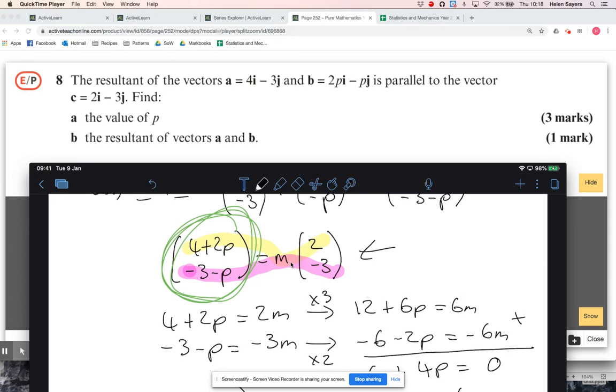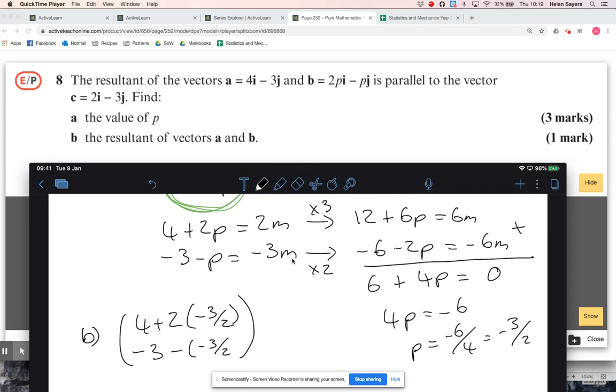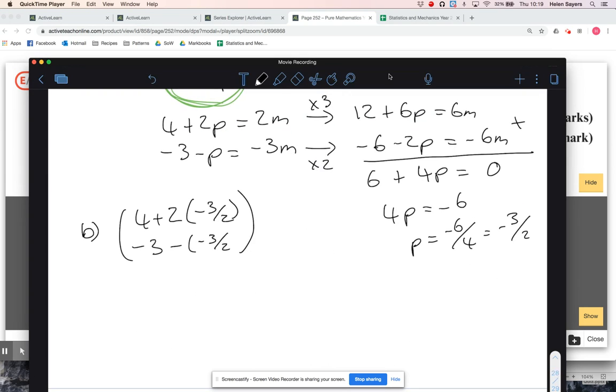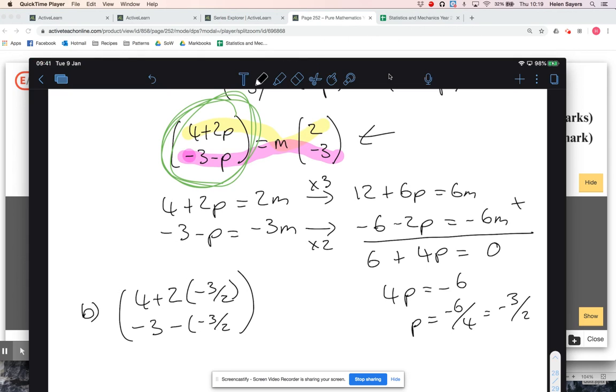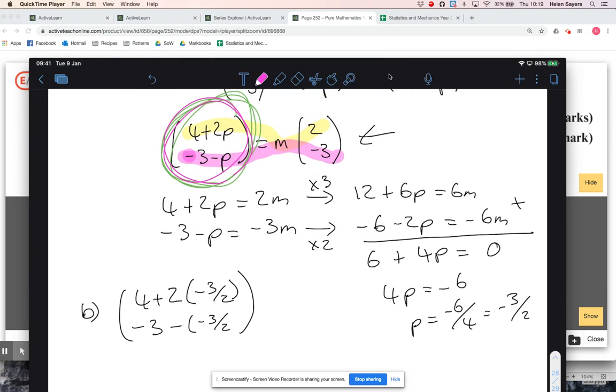Then -3 minus p. You can't see what I'm writing, so let's move that up and try that again. I'm looking at that vector there, and all I'm doing now is substituting this value of p that I found in.